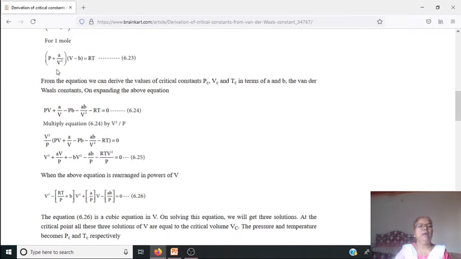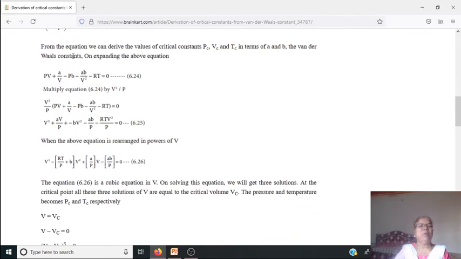Okay, and for 1 mole we have P plus A upon V square into V minus B is equal to RT. From the equation we can derive the values of critical constants.